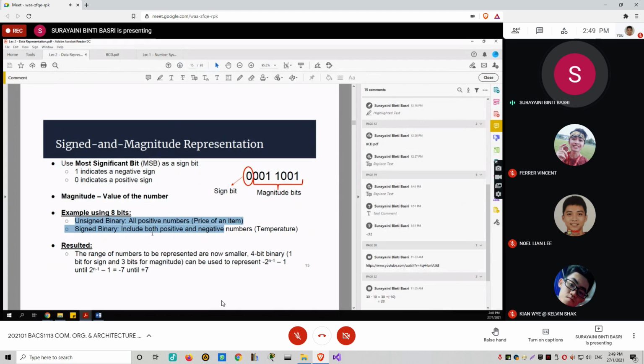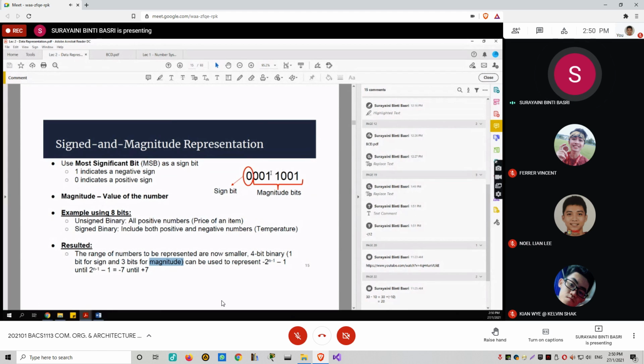But for signed numbers, for example temperature, you need to indicate either a positive or negative value, because there are both negative and positive numbers in temperature. Okay, so the range of numbers to be represented is now smaller: 4-bit binary means 1 bit for sign and 3 bits for the magnitude.